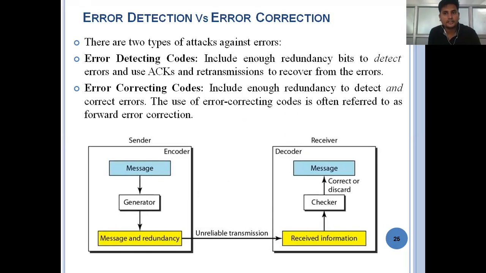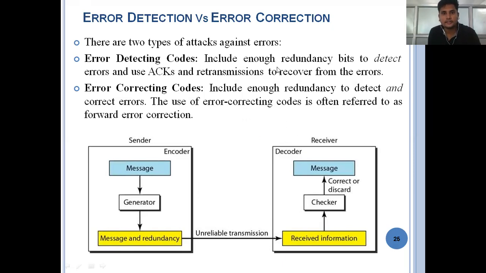Additional characters and additional bits are added to the original frames for security reasons, and they are checked by the checker at the receiver end. So the generator is at the sender side and the checker is at the receiver side. Here the encoder works, and there the decoder works on the receiver side.